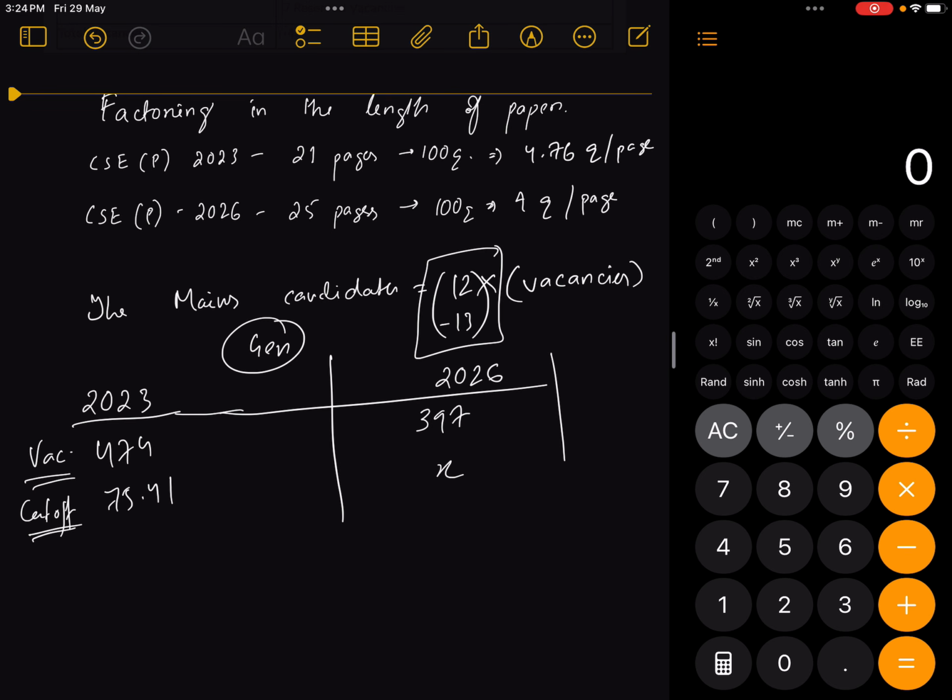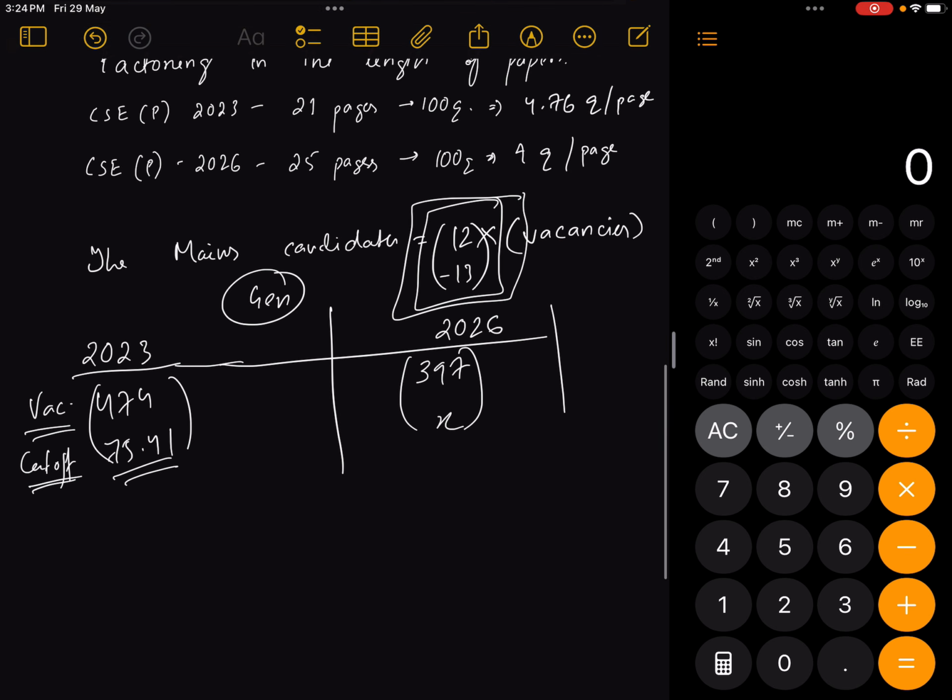So it doesn't matter what the cutoff will be, at least this many will write the mains exam. So the function of vacancy to cutoff should be a constant.